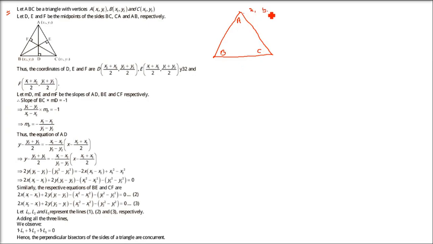We take A as x1, y1, B as x2, y2, and C as x3, y3. Now a perpendicular from here to here, which is also dividing the side equally, is called the perpendicular bisector. That is, if you have a line and draw a perpendicular over it, and these two sides are equal, we call it a perpendicular bisector.